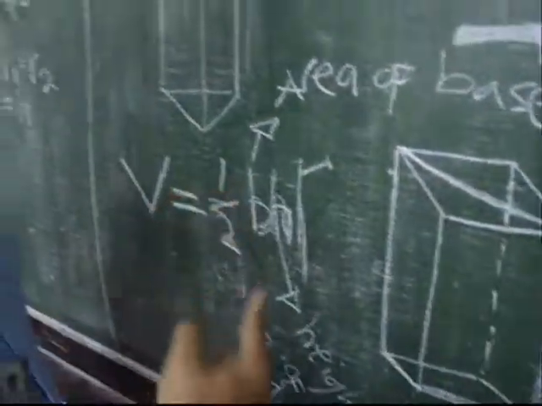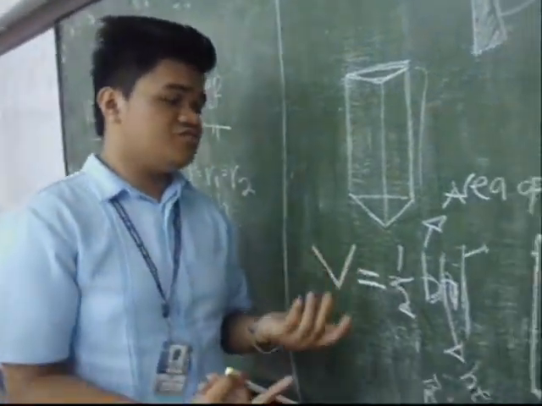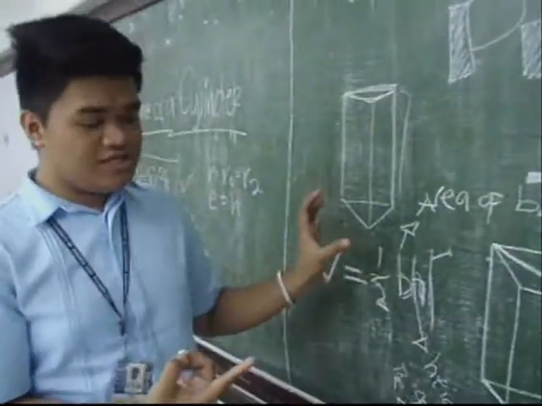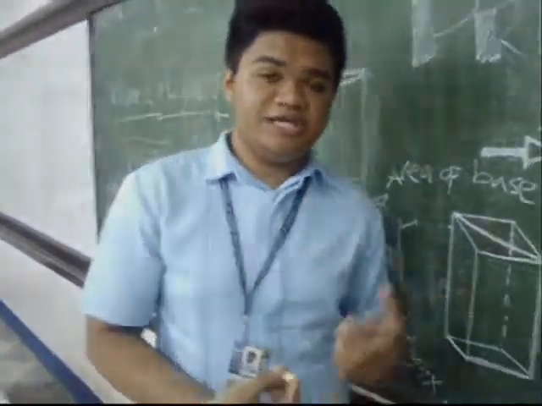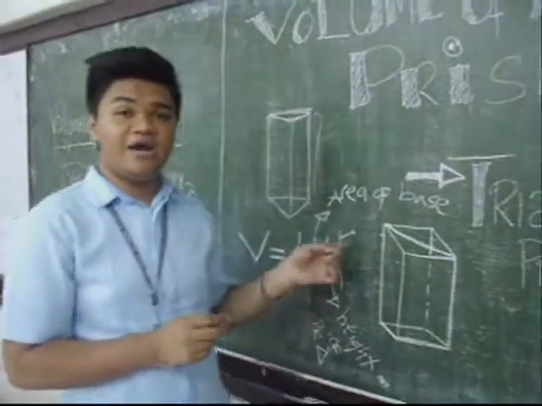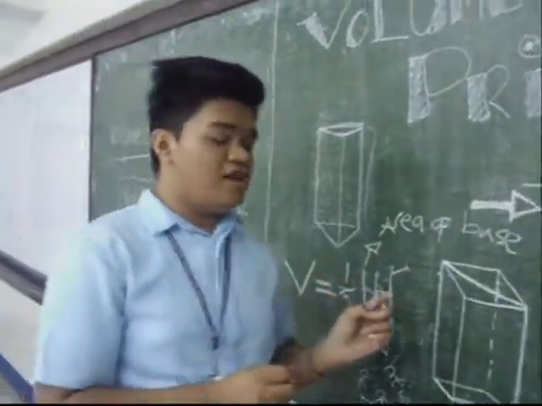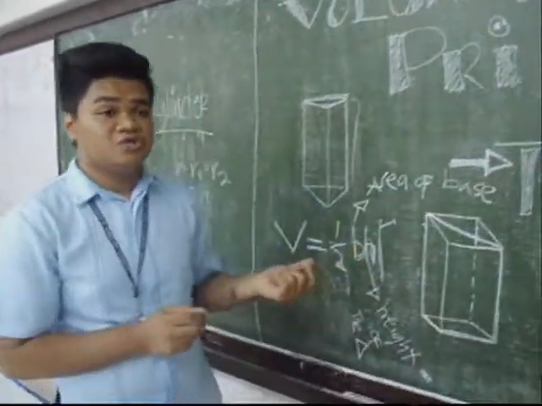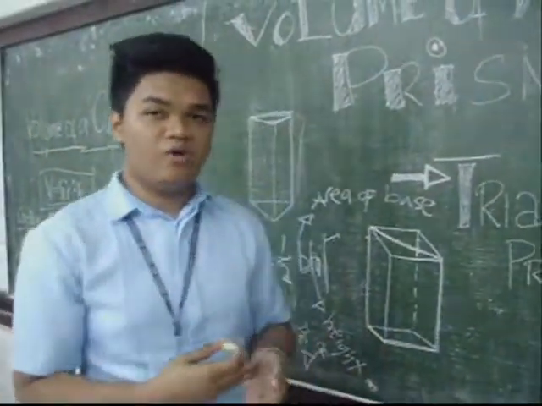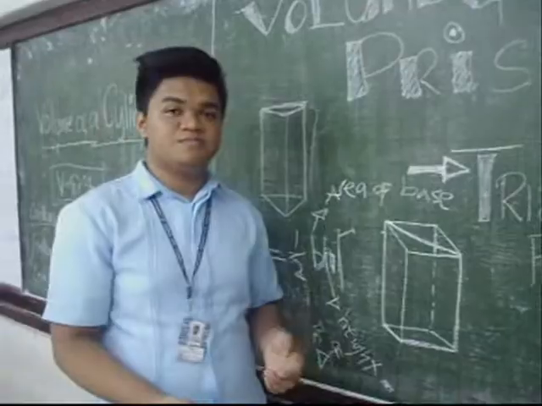In this case the base is a triangle, so we simply compute the area of the triangle and then multiply it to the length of the prism. So that's how we can get the volume.